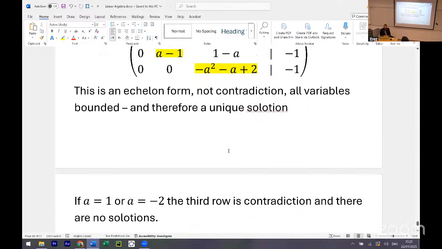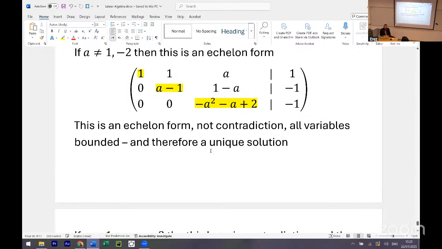Why? Because whether A is 1 or minus 2, both of these lines are a contradiction. I didn't notice it before because I don't have to. I just noticed this is 0, 0, 0, minus 1. That's a contradiction.